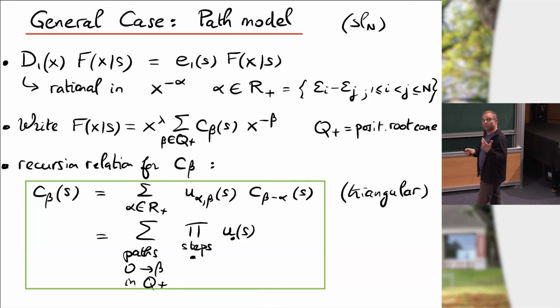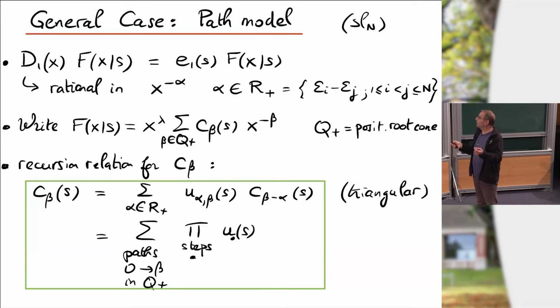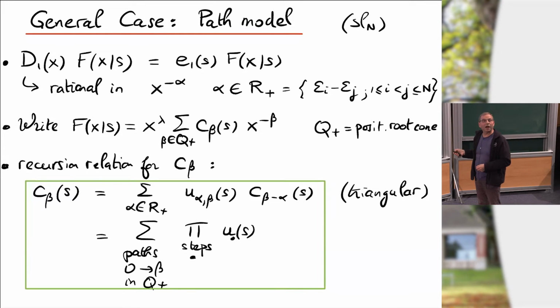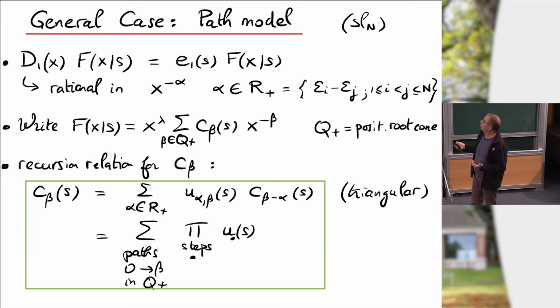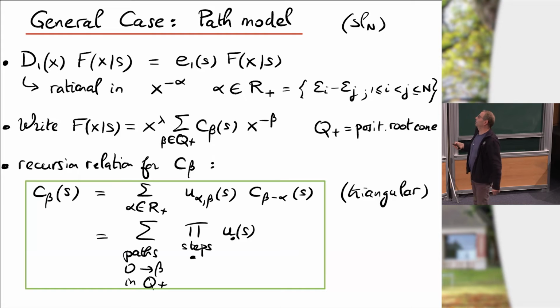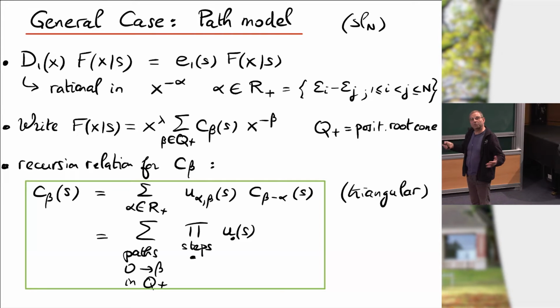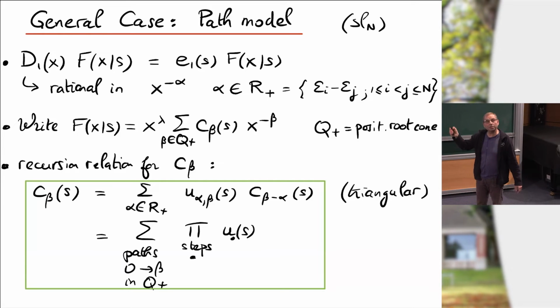And so once you have a recursion relation like this, you can re-express the solution as a sum over paths. Okay? So you have a complicated sum over paths with products of weights picked up along the path, which gives you the coefficient. So it's a sort of discrete functional integral expression for the coefficients of this Macdonald series.